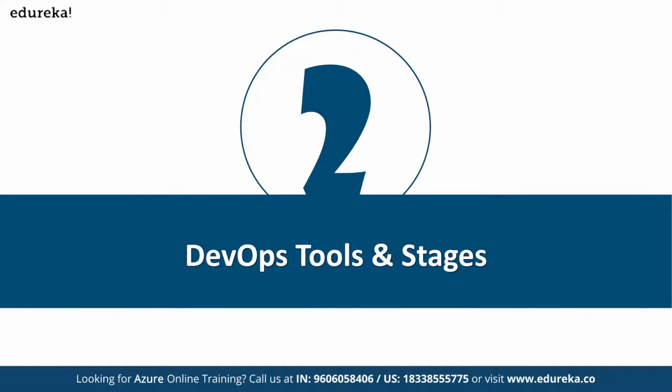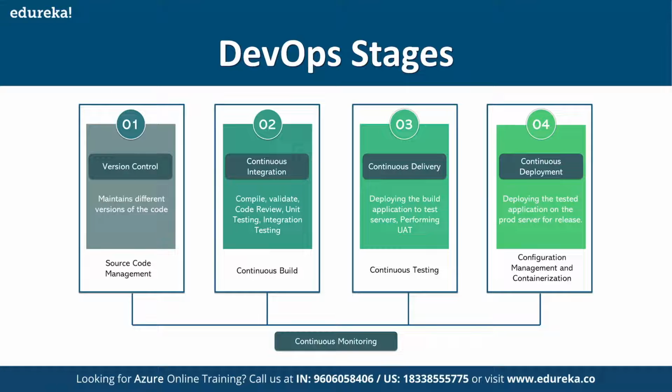In integration, we have Bamboo and Hudson, also Jenkins in the middle. So we have DevOps tools and stages. As I said, we have seen some of the tools, and the stages are very important. Basically we have version control, continuous integration, all of these stages. Version control is stage one, and it maintains different versions of the code.